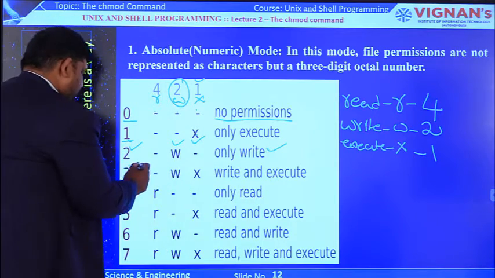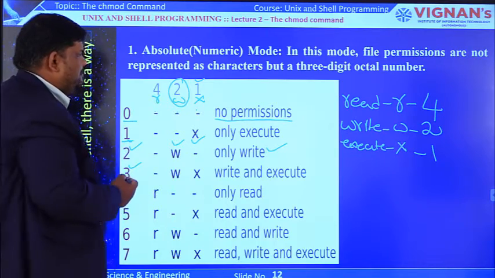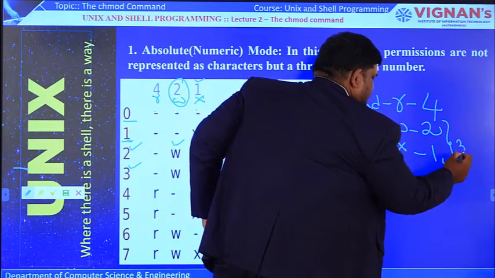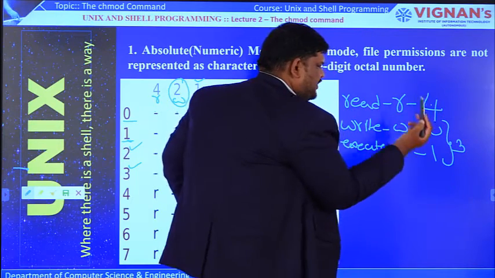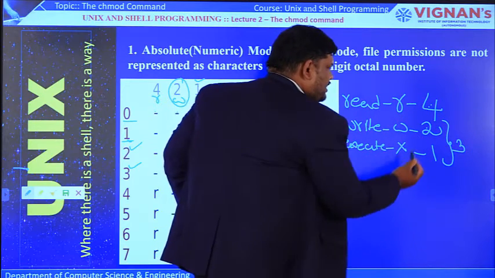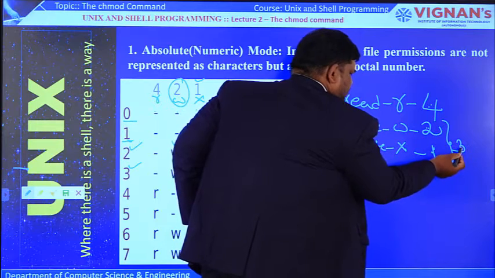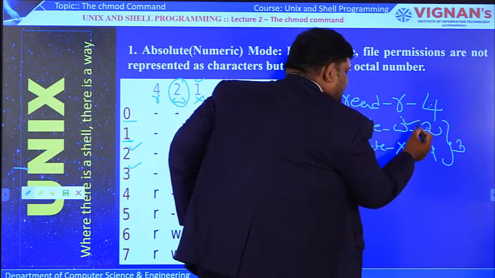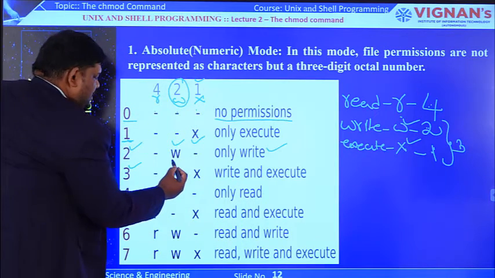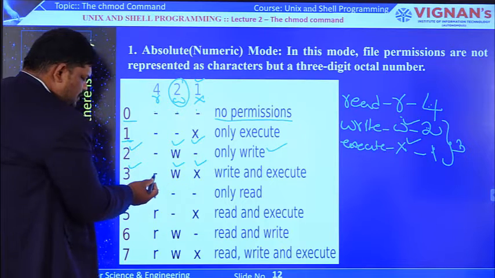Now octal value 3. How does 3 come? By adding 2 plus 1. There is no other way, since 4 plus 1 is 5 and 2 plus 4 is 6. So 3 means we are giving write and execute permission, and there is no read.